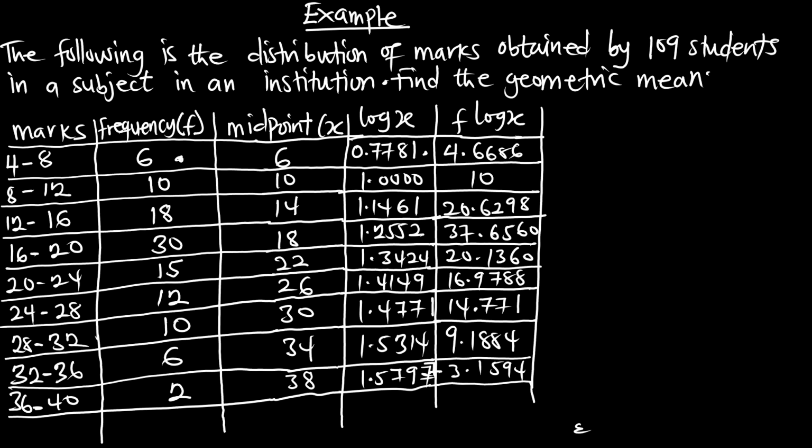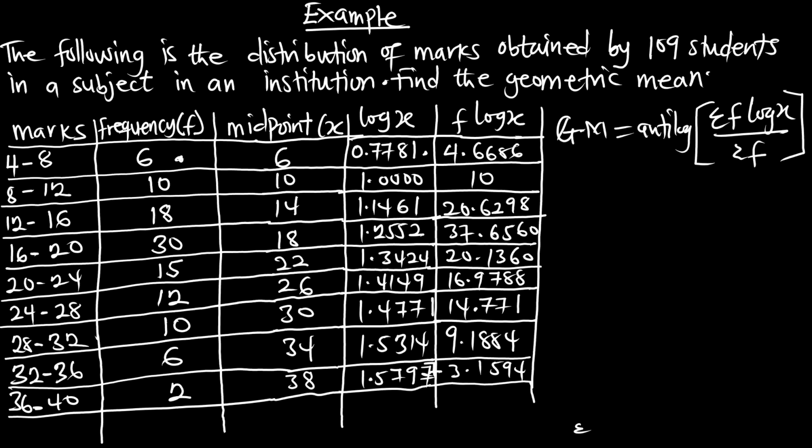So now GM, antilog, summation of f log x on summation of f. So when we come to the table, summation of f should give you 109, because in the question it was stated that 109 students.